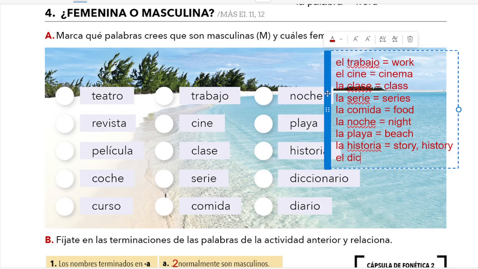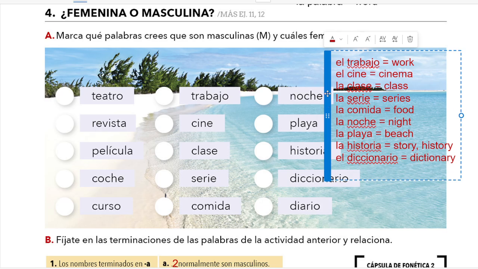El diccionario. Diccionario is dictionary. El diario. Diario is what we call a diary. Okay. El diario, diary, a daily journal.